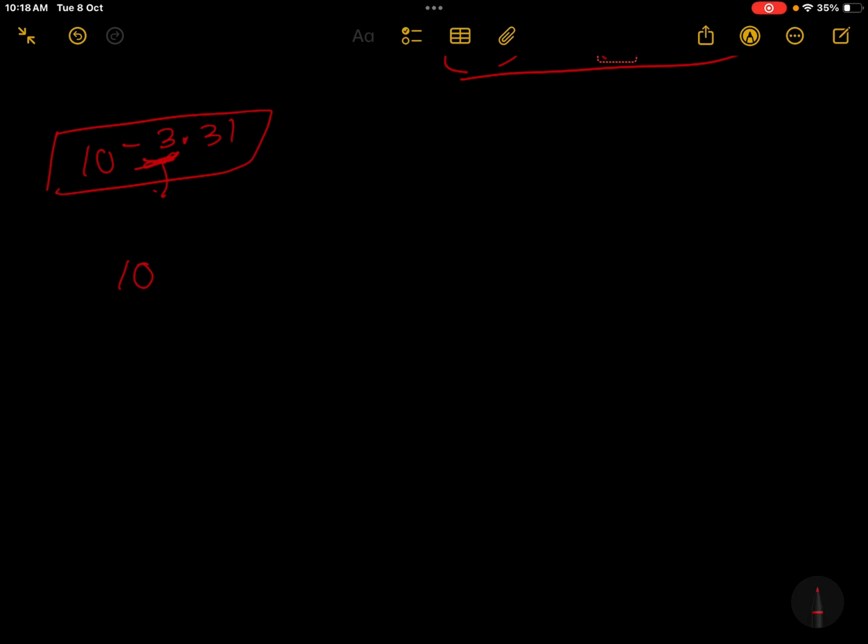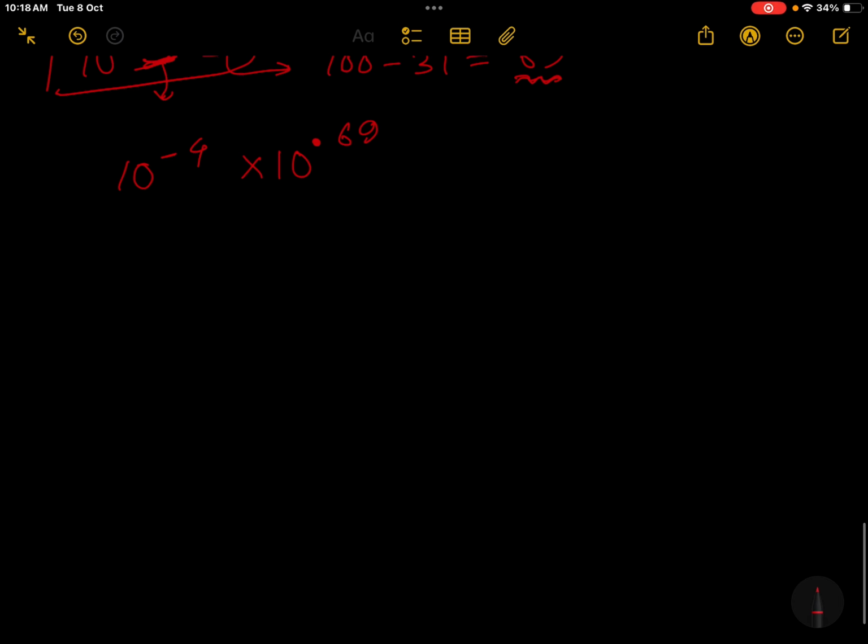Now there is a 3, just plus 1, so it is minus 4. Now this is 31, so 100 minus 31, so it is 0.69, right? So just write it here, 10 power, just add a point and write this number 69. So it is basically 10 power 0.69.